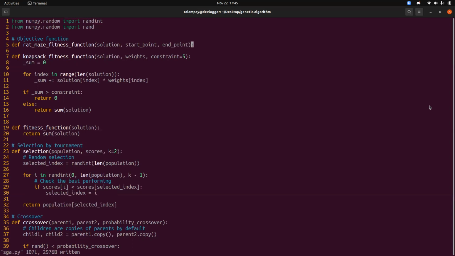Although come to think of it, I don't think we need the start point. We can pass the start point, probably represented as, say, 0, 0, and then the endpoint will be some coordinate in the plane. Maybe 40, 25.